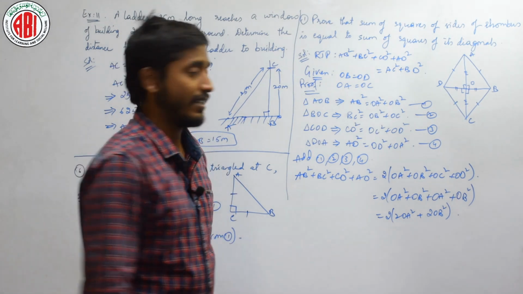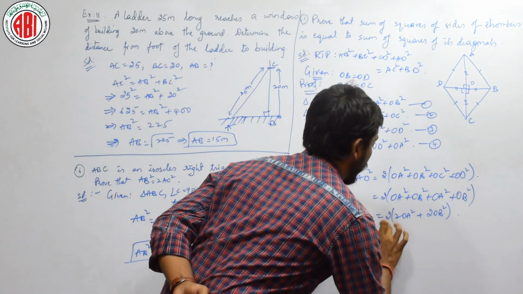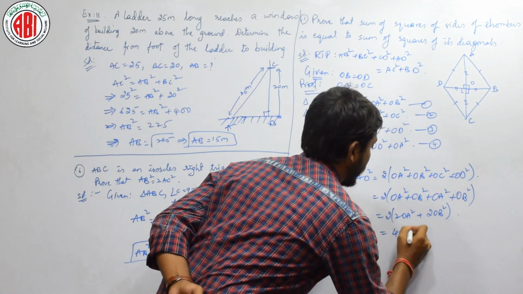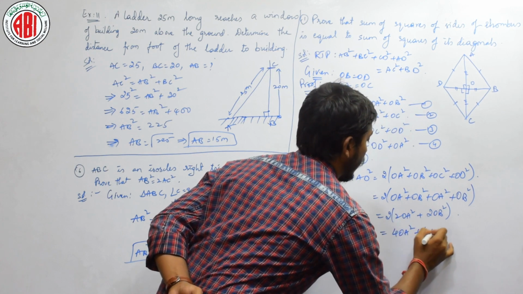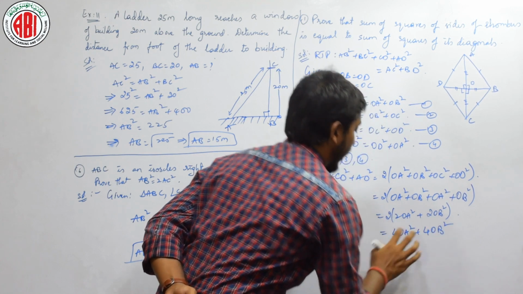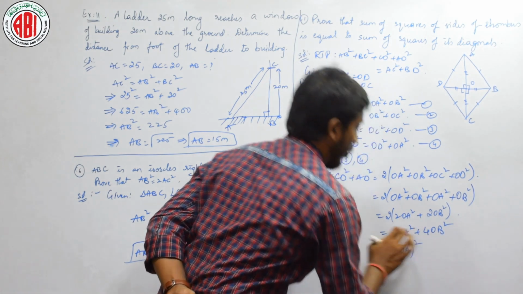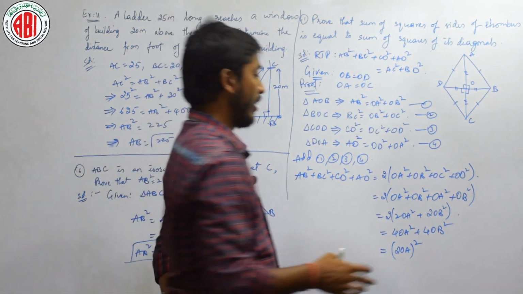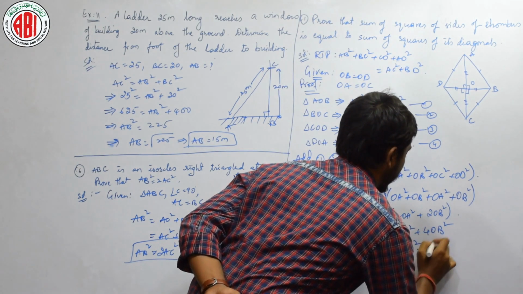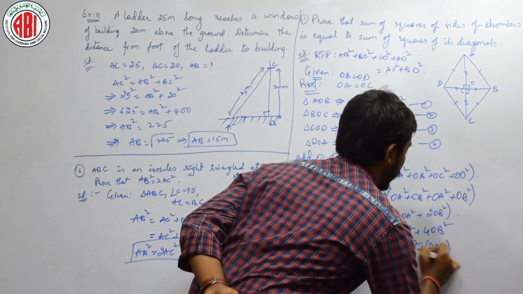Is it right? Did you understand? Now see here, let us write 2 2s are 4 OA square plus 2 2s are 4 OB square. Can I write it as 2 OA whole square? Yes or no? 2 square is nothing but 4, right? Here also, let us write it as 2 OB whole square.